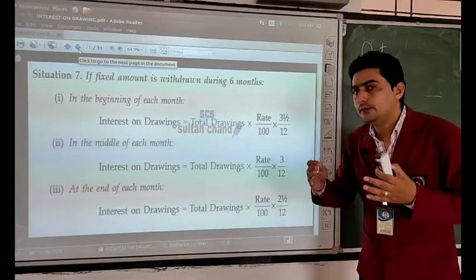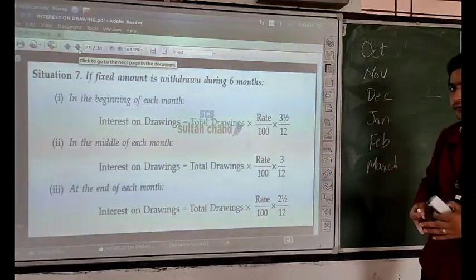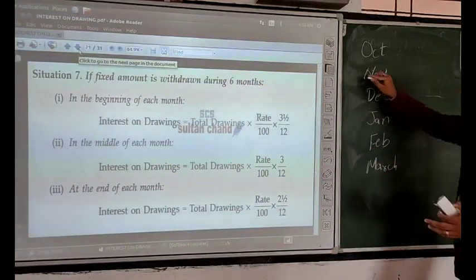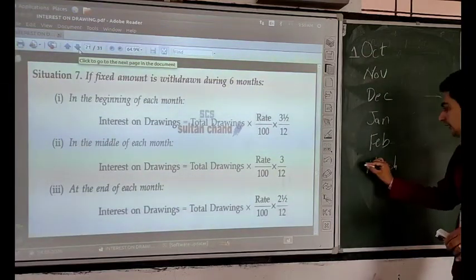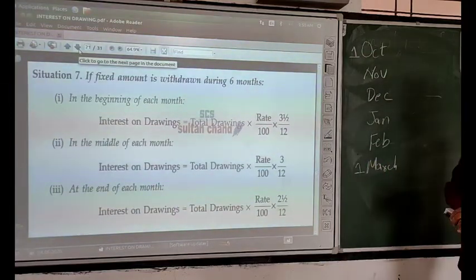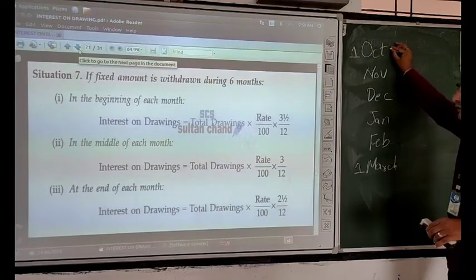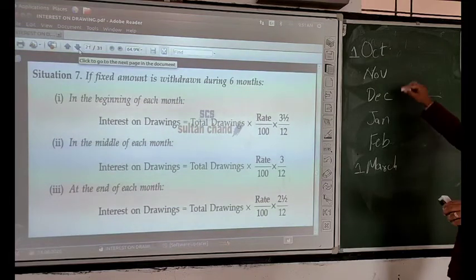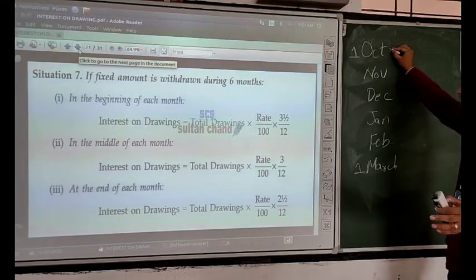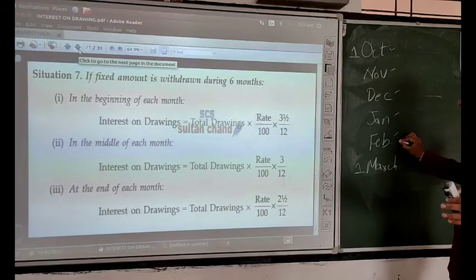Okay, now if the first drawing is made in the beginning of every month, it means first drawing is made on 1st of October, last drawing is made on 1st of March. From 1st October till 31st March, because 31st March is the ending financial period. So from 1st October we count October, November, December, January, February and March.